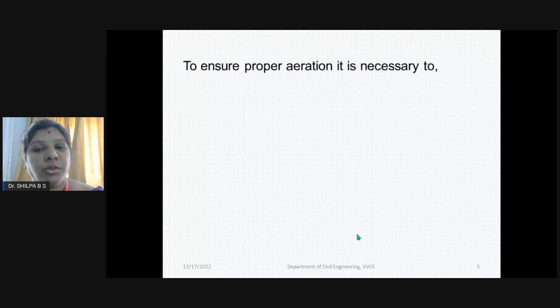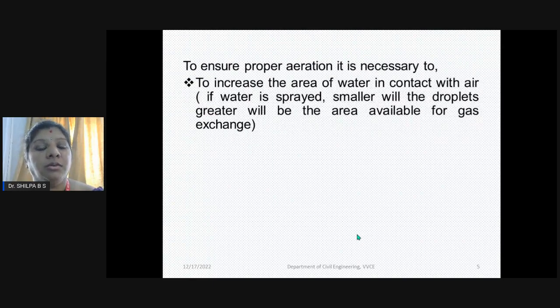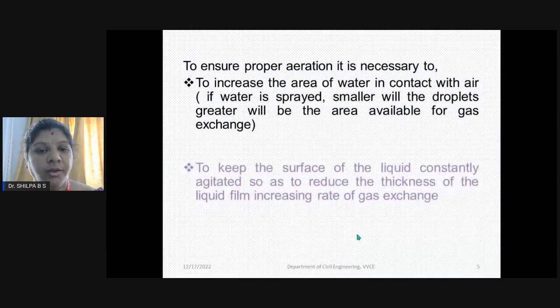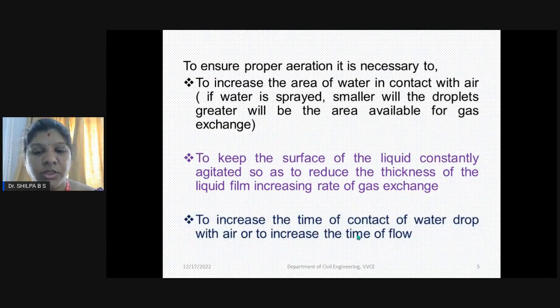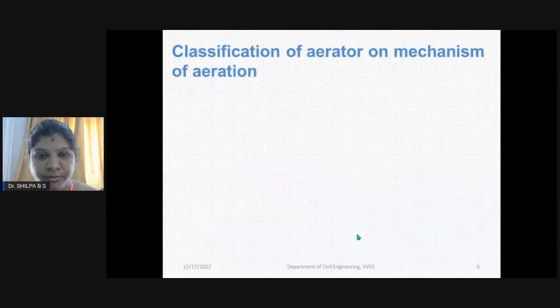To ensure proper aeration, we need to increase the area of water in contact with the air, keep the surface of the liquid constantly agitated to reduce the thickness of the liquid film, and increase the time of contact of water with the air.